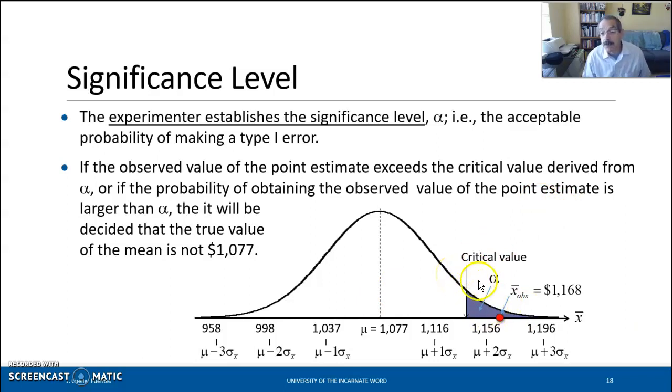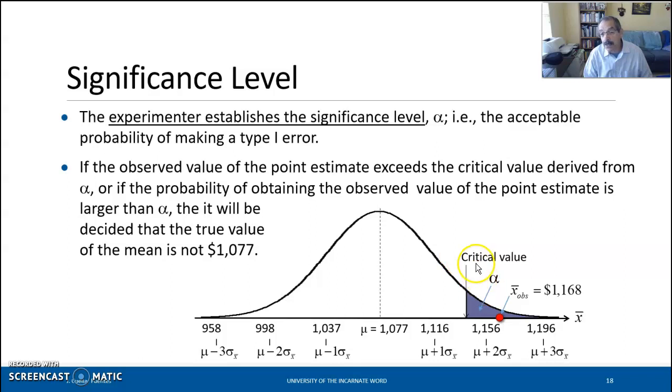From alpha, we determine a critical value. This is the point from which, if we obtain a sample average that falls in that region, we will say that we don't think that the mean is 1077.